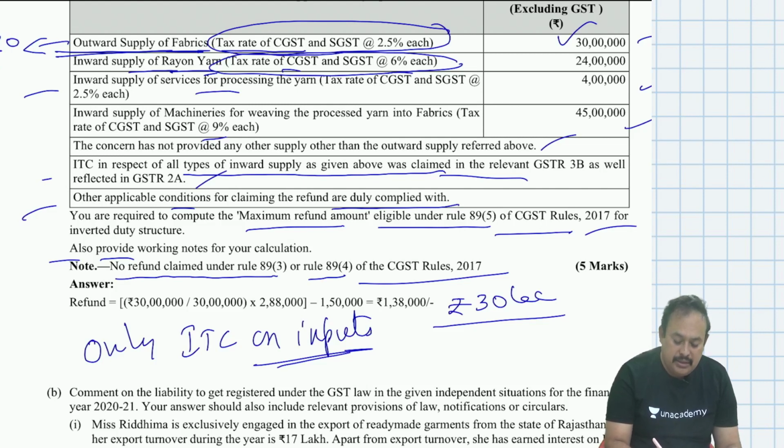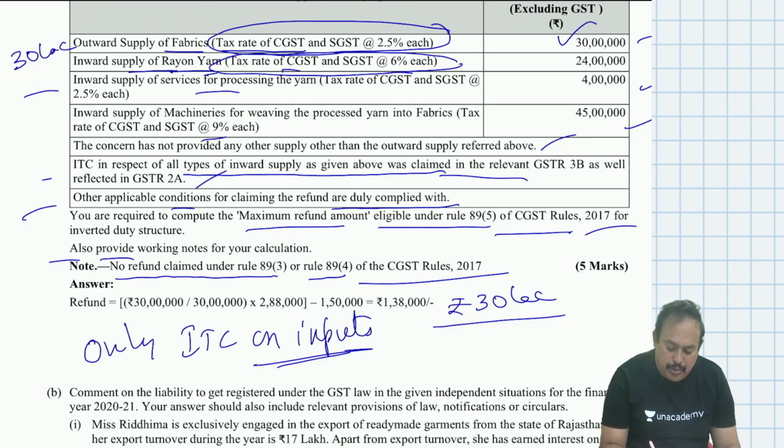Here it is 30 lakh plus the concern has not provided any other services. Further, other applicable conditions are satisfied. Fine.